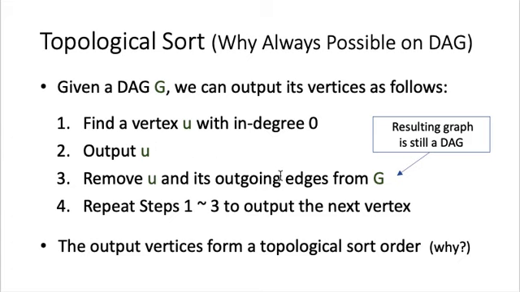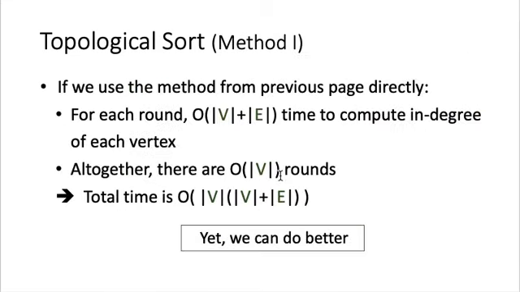So after the topological sort, all the arrows are pointing from left to right, and that agrees with what the topological sort requires, because all the arrows point from a vertex with a smaller order to a vertex with a larger order. Now, the previous method actually gives us a constructive method of topologically sorting the vertices.